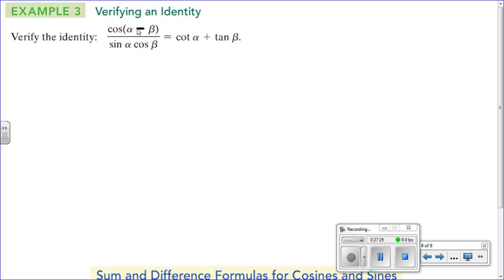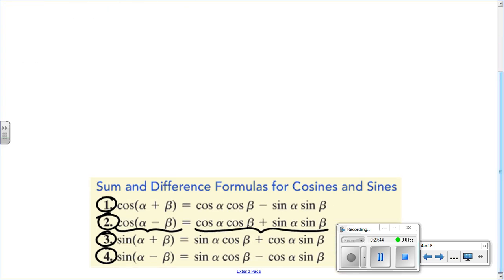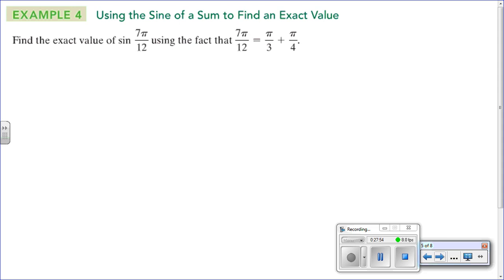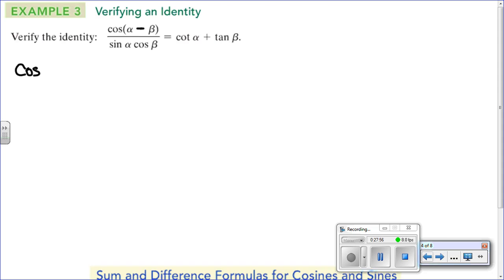By the way, I'm going to let you guys use those formulas on the test. I will give those to you, not because I'm nice, but because you could memorize them, but they're so similar, and if you just mess up with a little minus or a little plus, your whole work is gone. So I'm just going to relieve some of your anxiety by giving you those formulas.